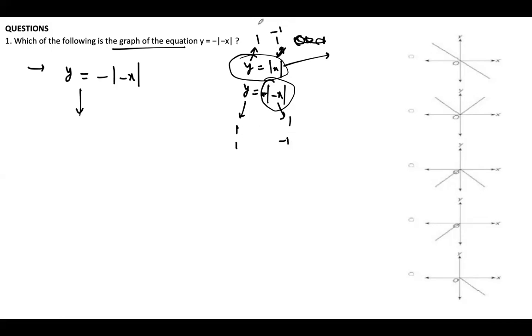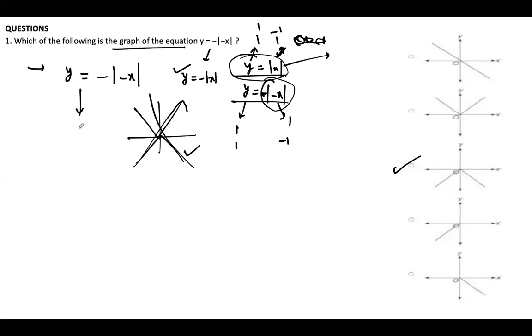When x is minus 1, again y will be 1. So whether you are saying y is equal to mod x or mod of minus x, it will not matter. So can I say this is nothing but y is equal to minus of mod x? Yes. If y is equal to mod x is this, minus of mod x will look inverted. Option C.